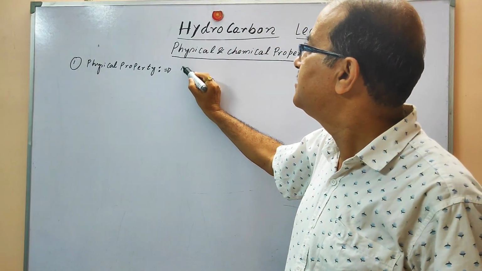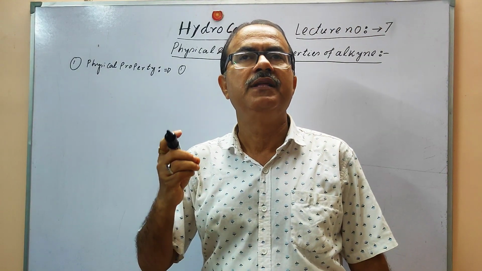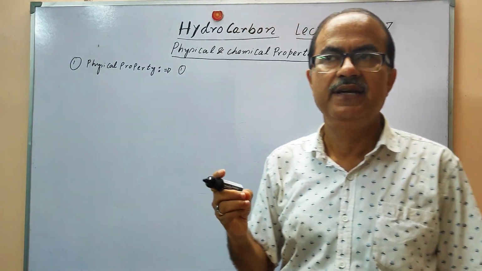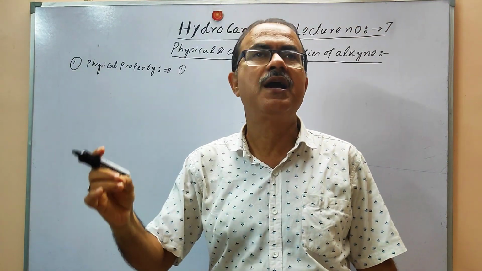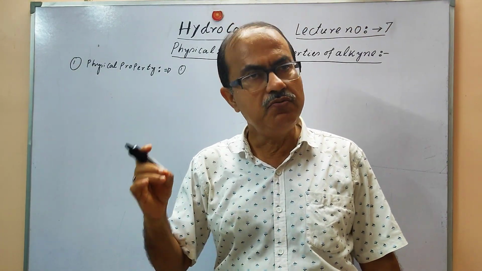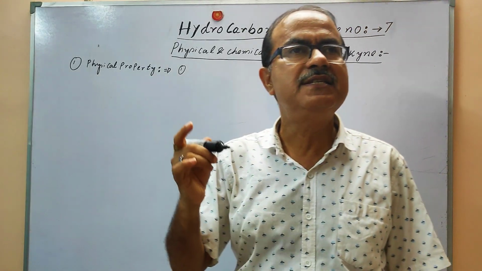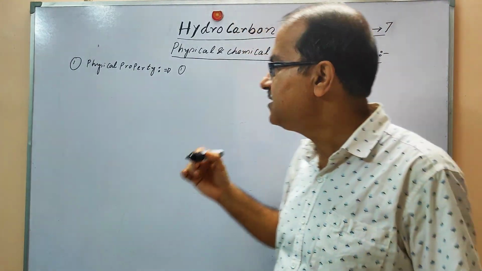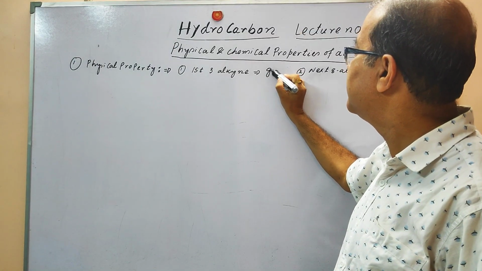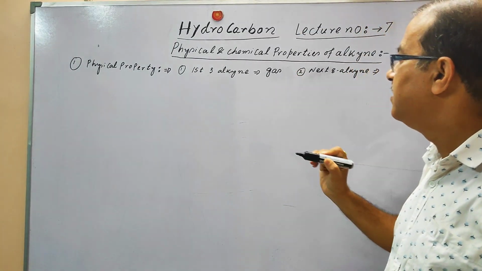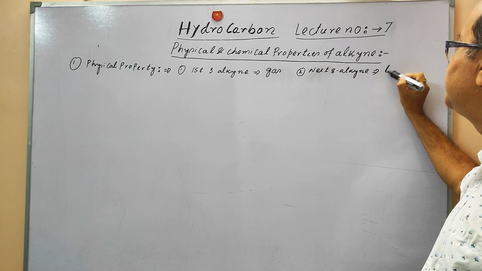First thing, when we are talking about the physical properties, it is basically the physical state at room temperature, how this alkyne exists. We have found that it exists in the 3 states of matter. First, you can write the alkynes are in the gaseous state. Next, alkynes in the liquid state.